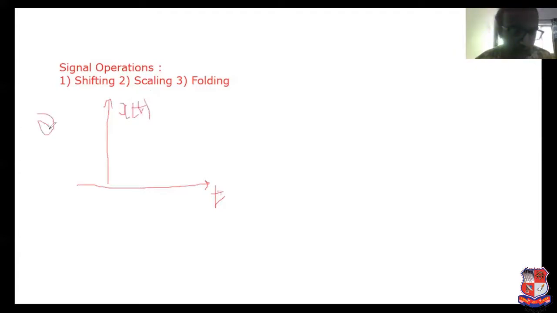Again, repeat, this is the question. See, this is plus 1, here 2 and here minus 1. So determine the operation here.